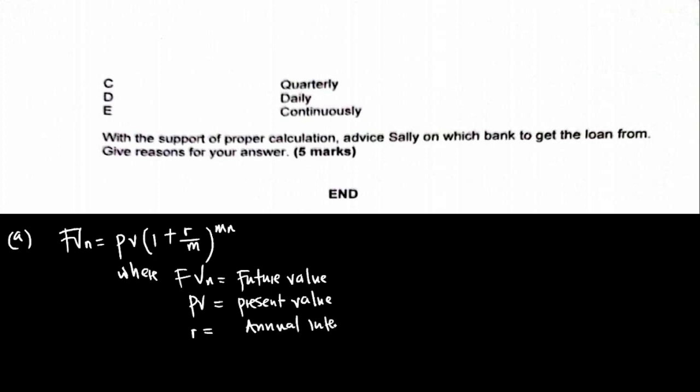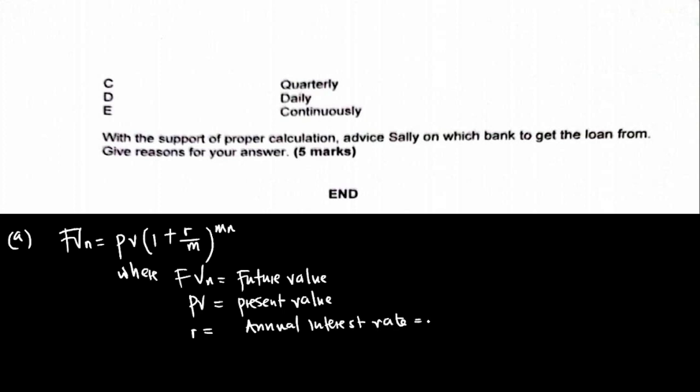Where FVN represents the future value, the PV represents the present value, and the R represents the annual interest rate.